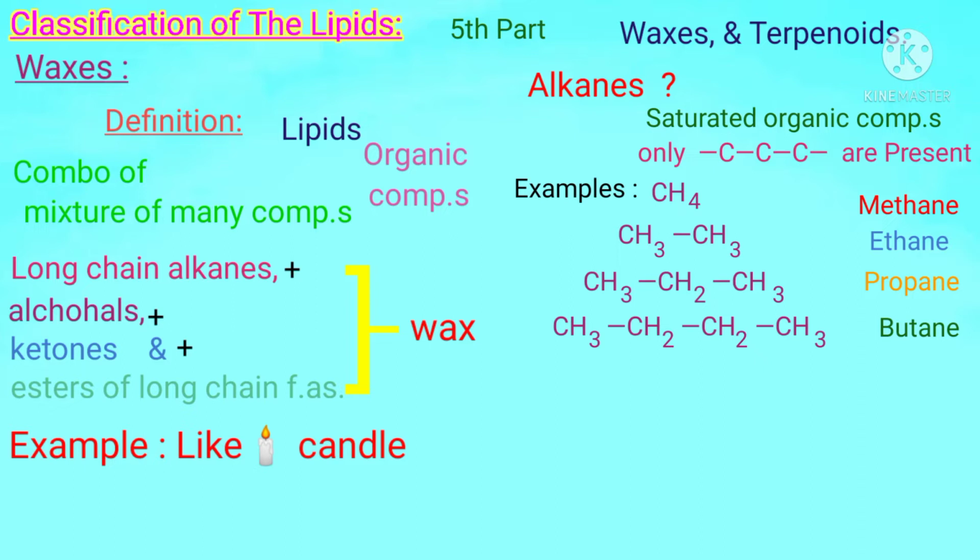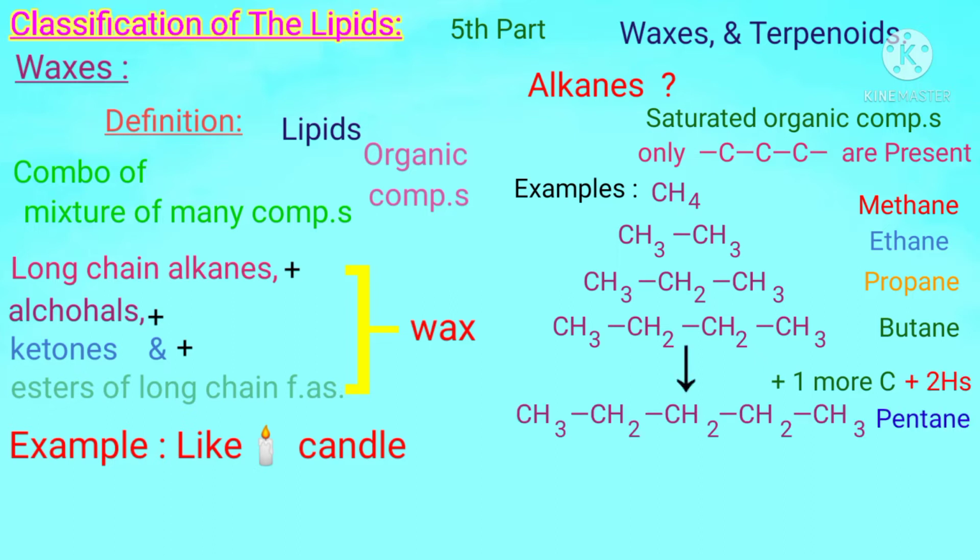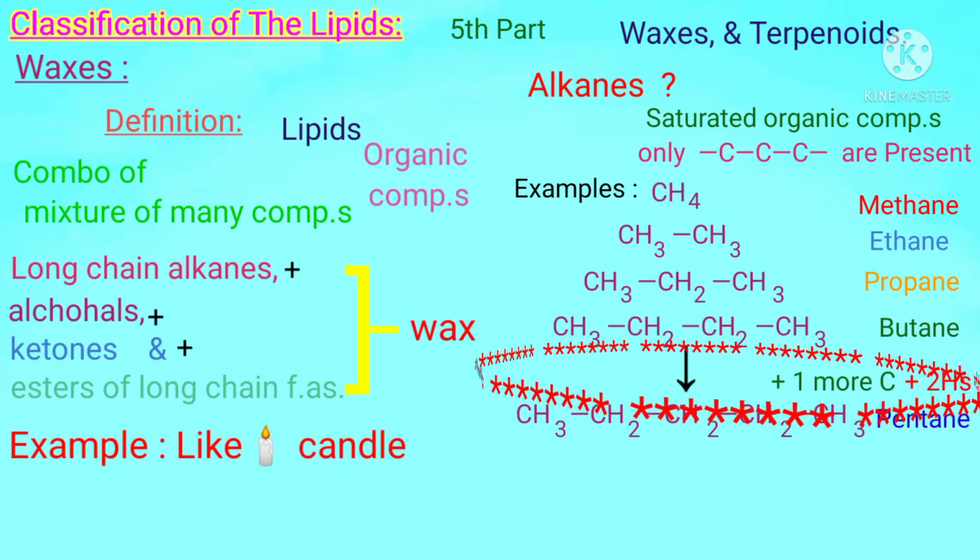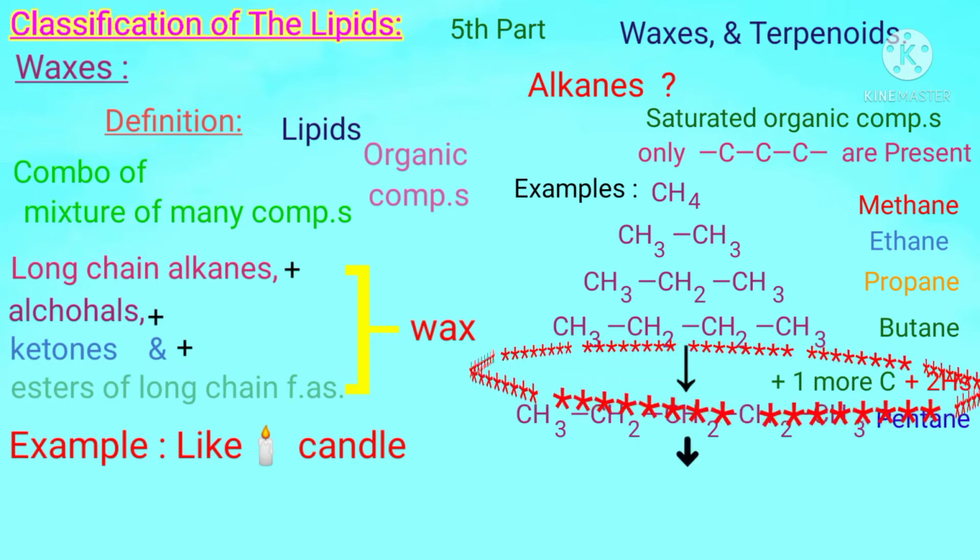And students, by the increase of one carbon in any alkane, two hydrogens will also be increased. For example, if we add one more carbon in butane, then this carbon will also take two hydrogens and butane will be changed into pentane. This is the same for the next alkane compounds.